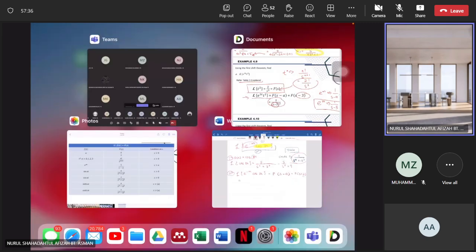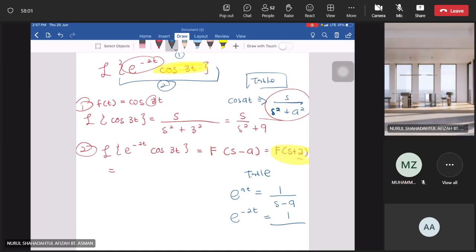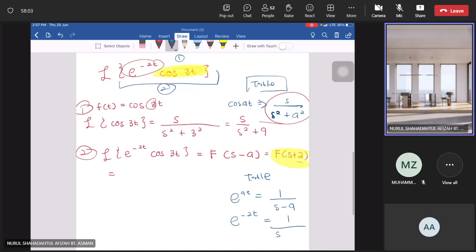Okay, confusion. Why did you get this s plus 2? It is because we refer to the table for the exponent. e^(at) gives s minus a. So if your exponent is negative 2t, you get s minus negative 2. That's why you get s plus 2.